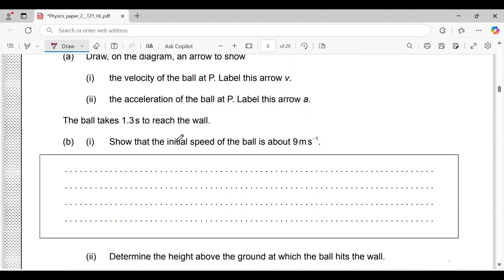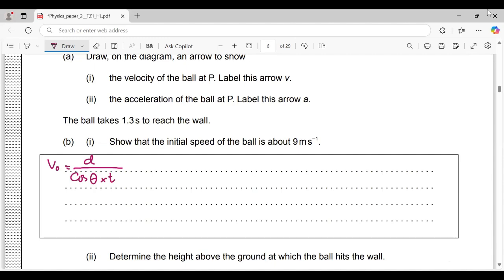Next. The ball takes 1.3 seconds to reach the wall. Show that the initial speed of the ball is about 9 meters per second. On this problem, the horizontal motion gives us a formula that the initial velocity equals distance over cosine theta times t.